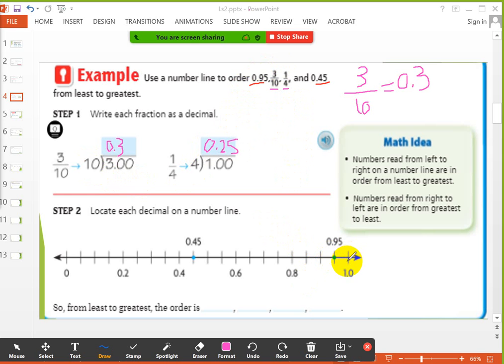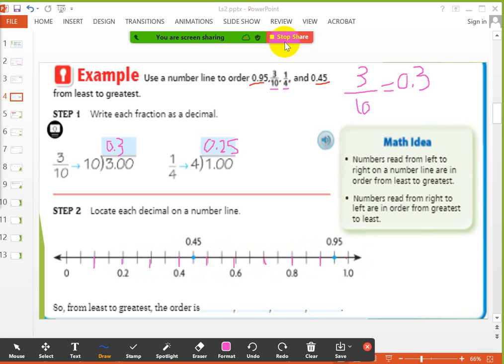Look, this is the number line between 0 and 1, and this is 0.1, 0.2, 0.3, 0.4, 0.5, 0.6, 0.7, 0.8, 0.9, and this is 1.